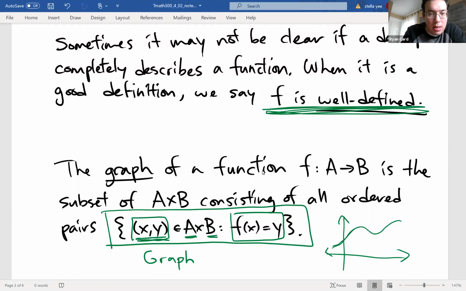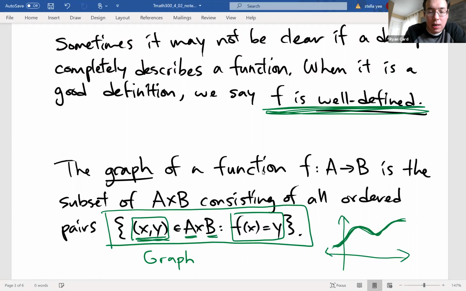So that's an abstract way to define what a graph is. And the reason why you might do something like this is because, depending on how weird the domain and range are, you might not be able to actually draw it.